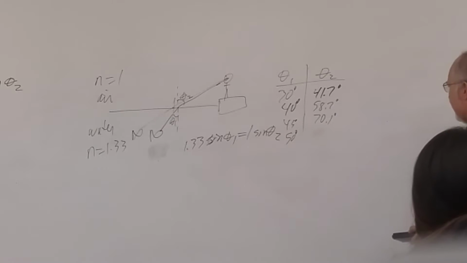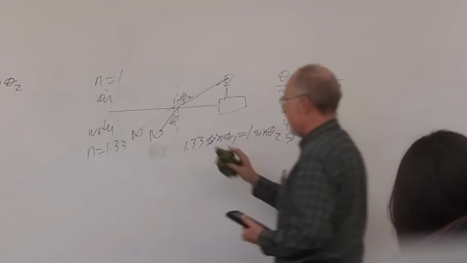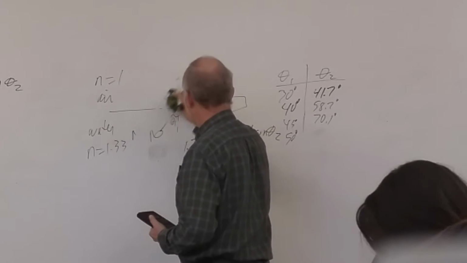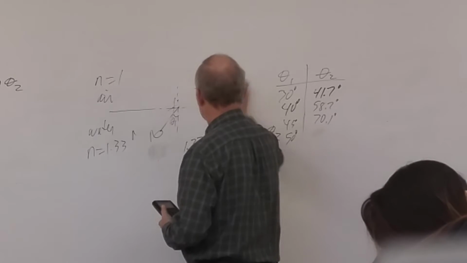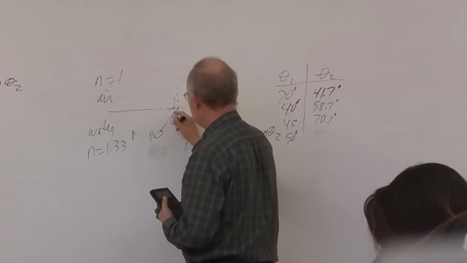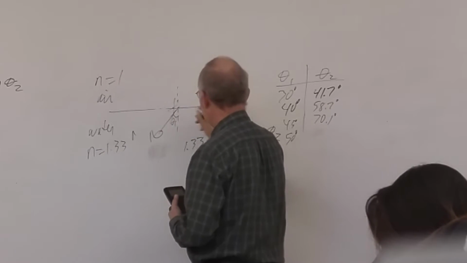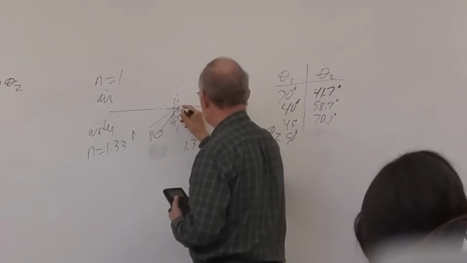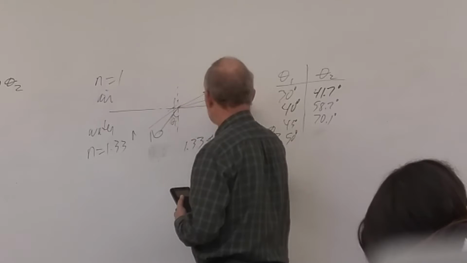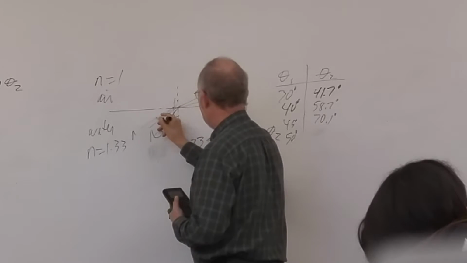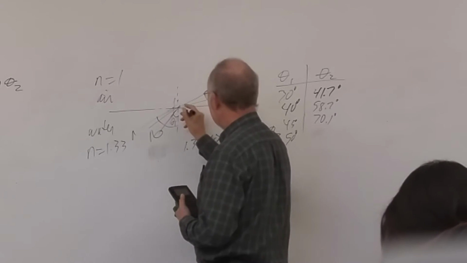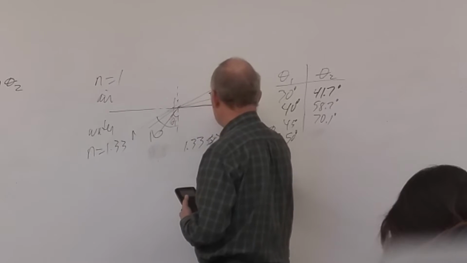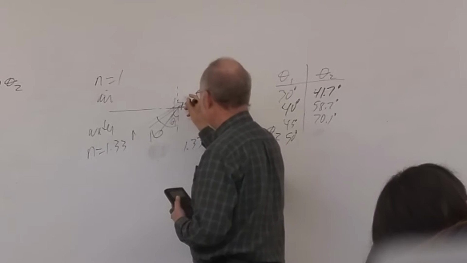So what's happening at that point? As theta 1 is getting bigger, theta 2 is also getting bigger. And when theta 1 reaches a certain point, theta 2 is going to become 90 degrees.